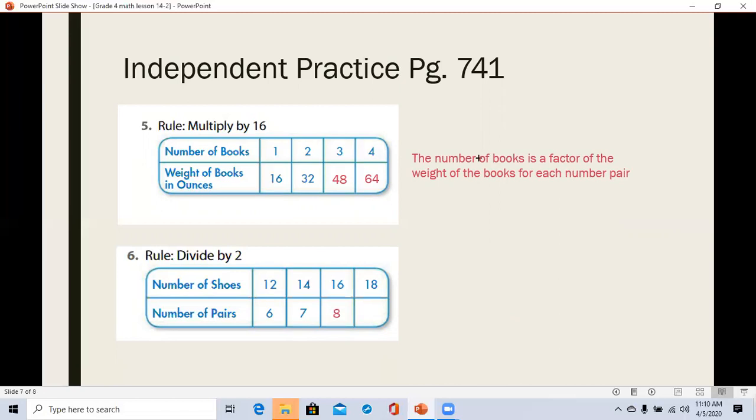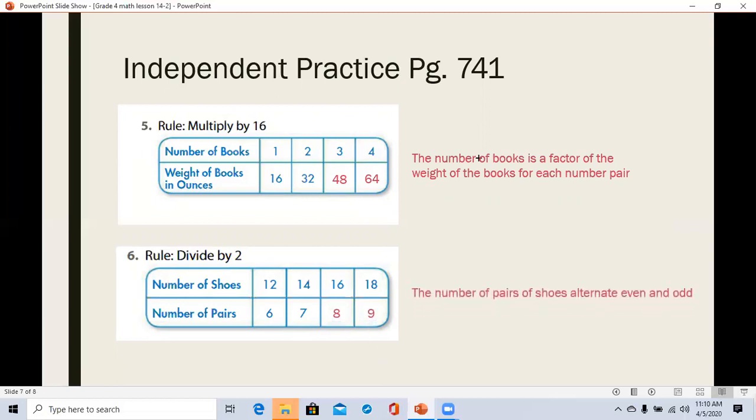The rule here is to divide by 2. The number of shoes is 12. 12 divided by 2, because a pair is 2 shoes. 12 divided by 2 is 6. 14 divided by 2 is 7. 16 divided by 2 is 8. 18 divided by 2 is 9.